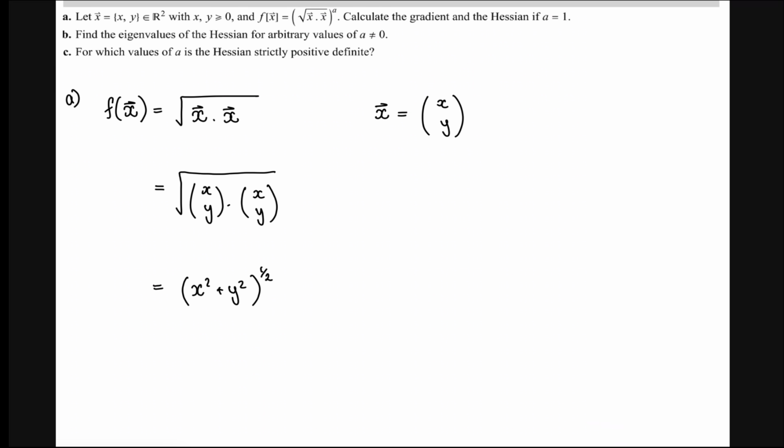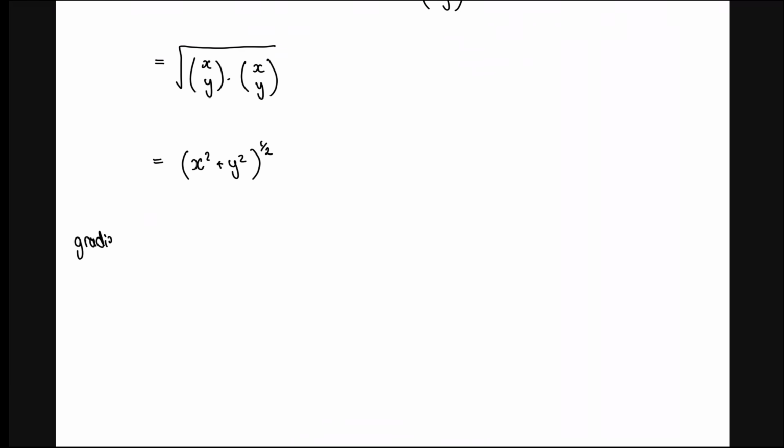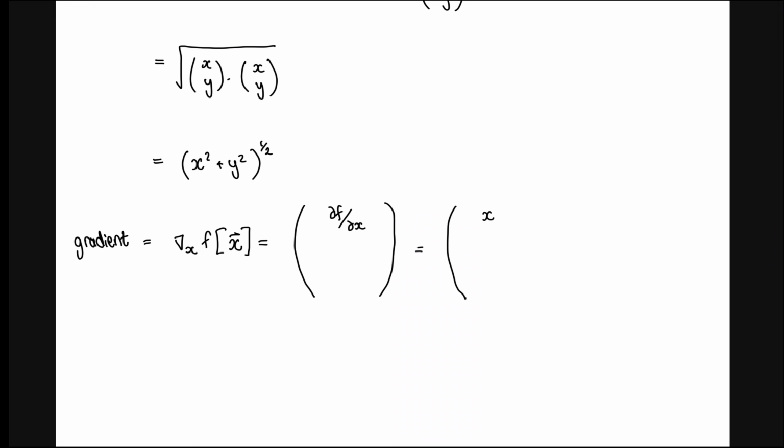Now, to work out the gradient, where the gradient is just the first derivatives, when we differentiate our function with respect to x, we get x times (x squared plus y squared) to the power of minus a half.